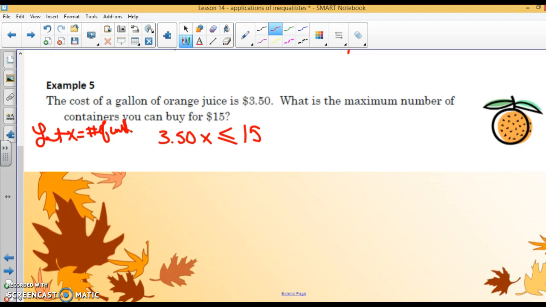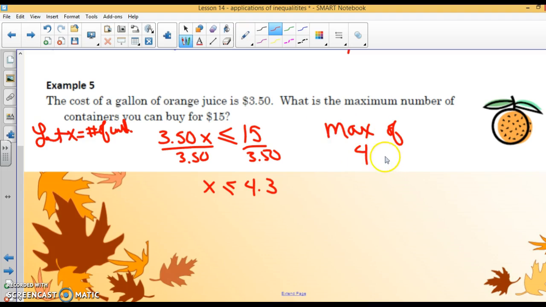Does that make sense? I only have $15 to spend. So divide both sides by 3.50, and you get x is less than or equal to 4.3. Well, you can't buy 4.3 containers, so a maximum of 4 containers. Not 4.3.